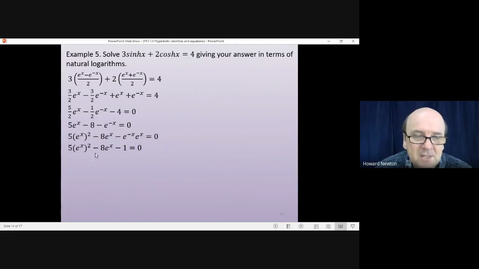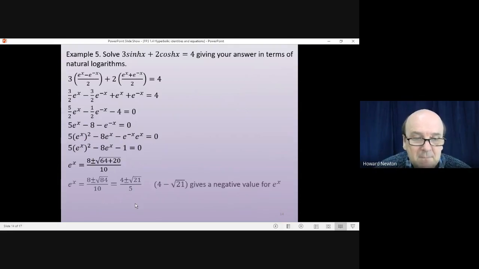It doesn't factorize. We'll need to solve this using the quadratic formula, which gives us e to the x is equal to 8 plus or minus this square root over 10. And that gives us e to the x equals (4 plus or minus root 21) over 5.